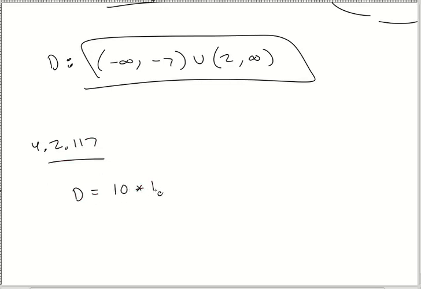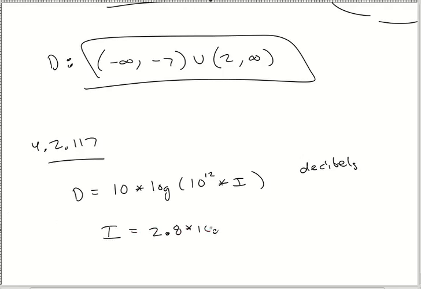I got 10 times log of 10 to the 12th power times I, where I stands for intensity, and they're talking about decibels for an animal that's 500 miles away, making its call. They say the intensity is 2.8 times 10 to the 4th. That's my I, so I'm going to plug that in.